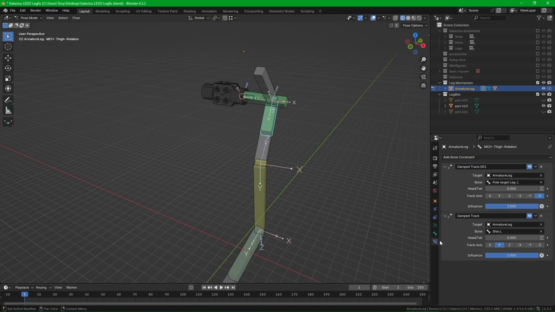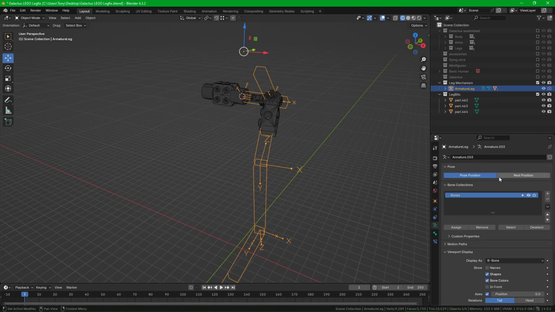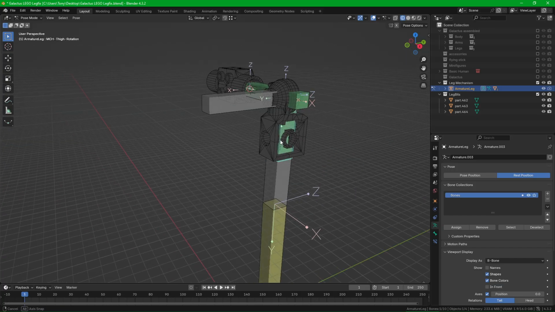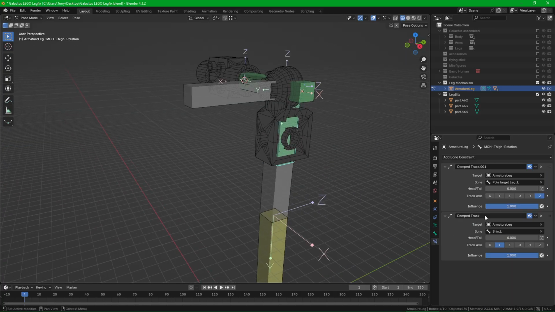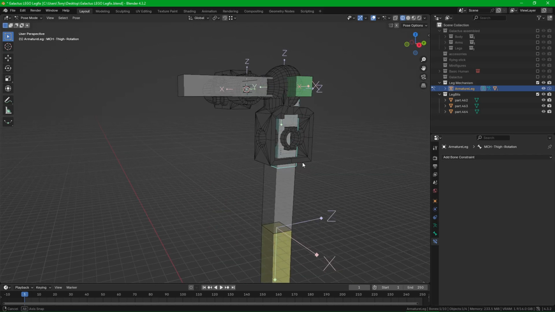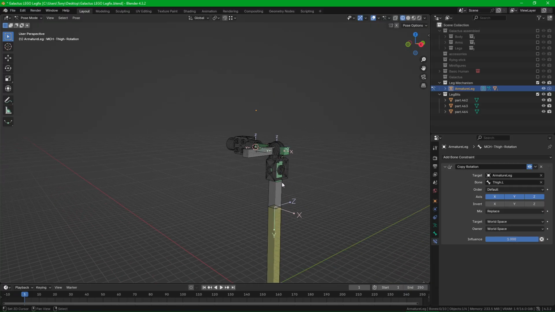So there you go. Instead of having, let's put all these back on, set it back to the rest pose. So instead of doing whatever I was doing there, we could have this just copying that rotation.